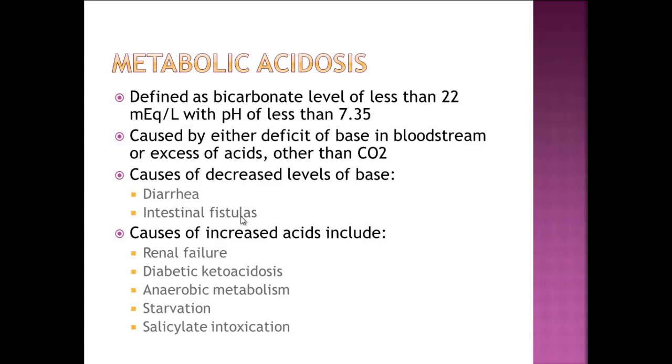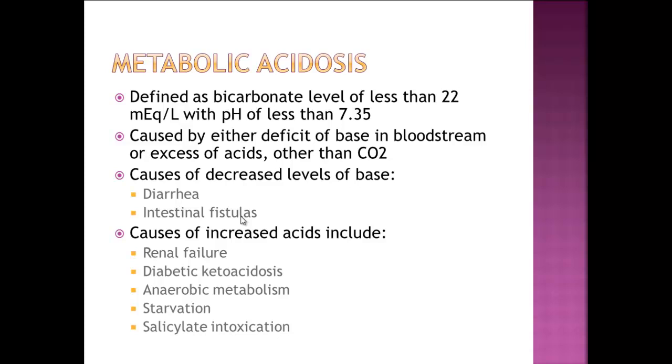Metabolic acidosis is defined as bicarbonate levels of less than 22 milliequivalents per liter with a pH that is also low, 7.35 or less. It is caused by either a deficit of the base, not enough bicarb, or an excess of hydrogen ion of something other than carbon dioxide, in fact, something that would actually release hydrogen ions.